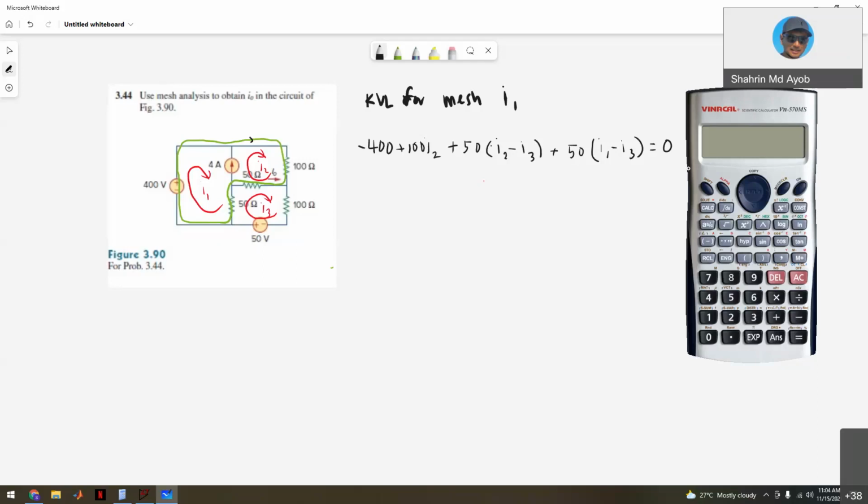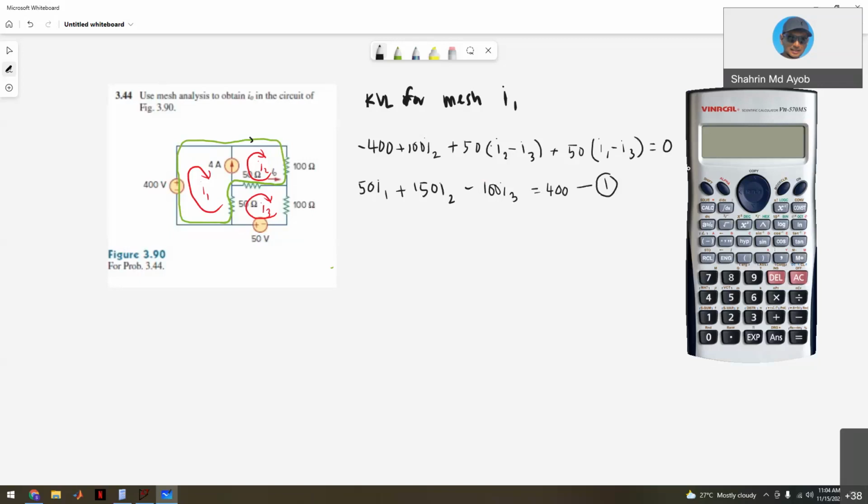Then if I simplify and rearrange these equations, I should have 50 I1 plus 150 I2 minus 50 I3 minus 100 equals 400.